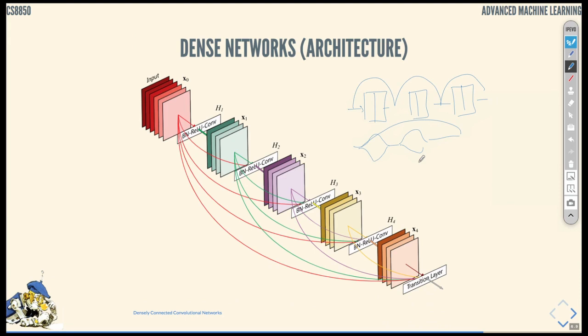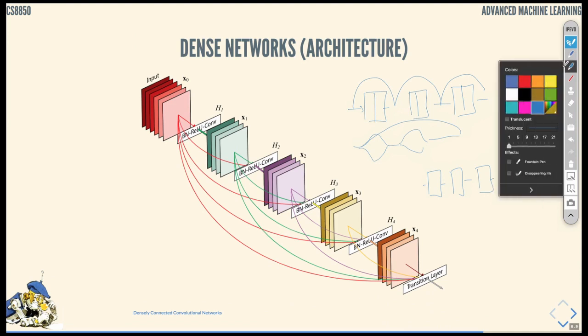So these people, Laurens van der Maaten is one of the authors. I don't remember the others, sorry. Look it up, or just click here when you get the slides. They just decided, let's take a network of however many layers and add skip connections everywhere.